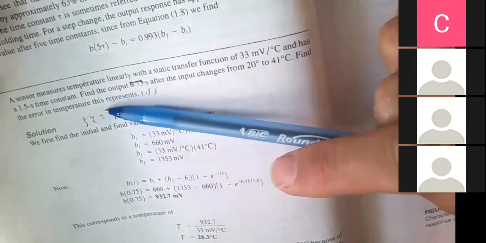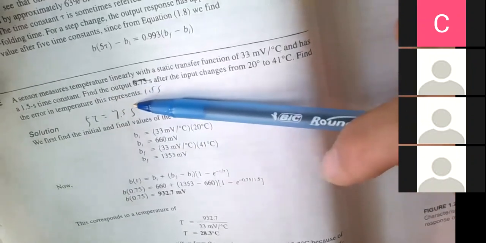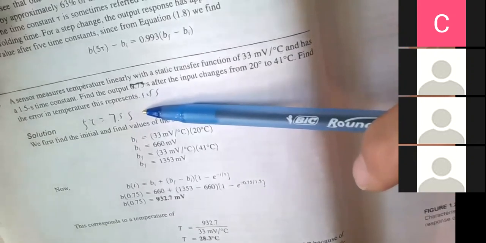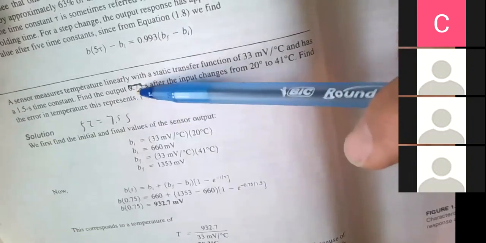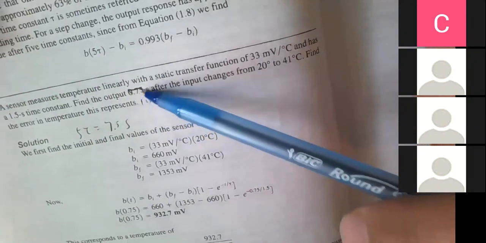Let's do the second part. After the input changes from 20 to 41, find the errors in temperatures. This represents 5 tau. Let's change it to 1.5 seconds. So that's the question.